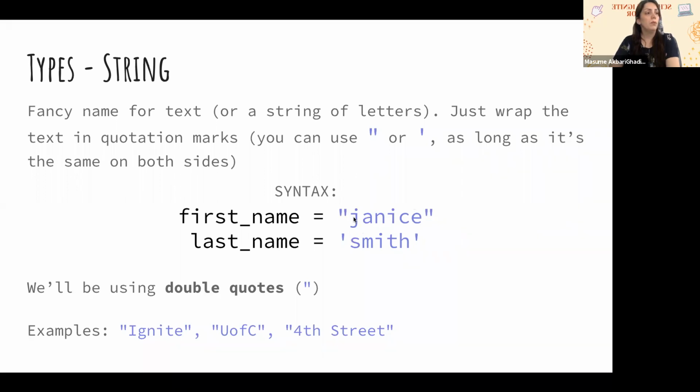They would be strings. Here we use double quotes. So here, ignite between quotation is a string. Again, U of C, 4th Street, everything between quotation would be considered as a string.